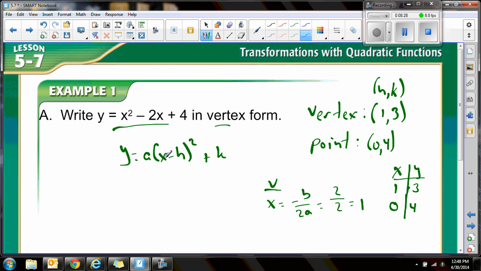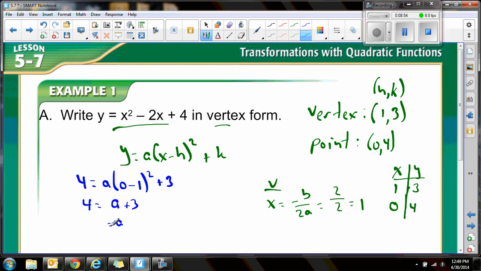So if we go through and we start to plug everything in, I know 4 equals a, which I haven't found yet, times x, which is 0, minus h squared plus k. Now we'll solve for a. So 4 equals negative 1 squared is 1, which is just a, plus 3.